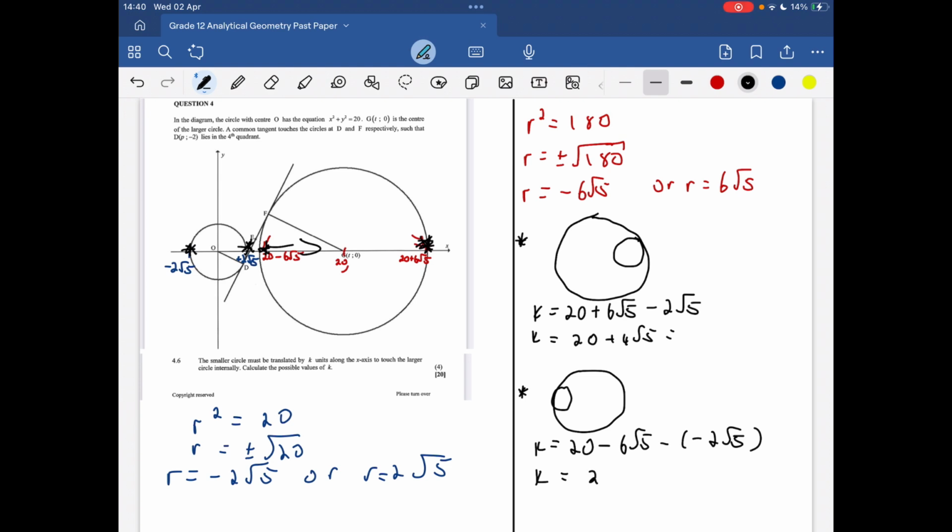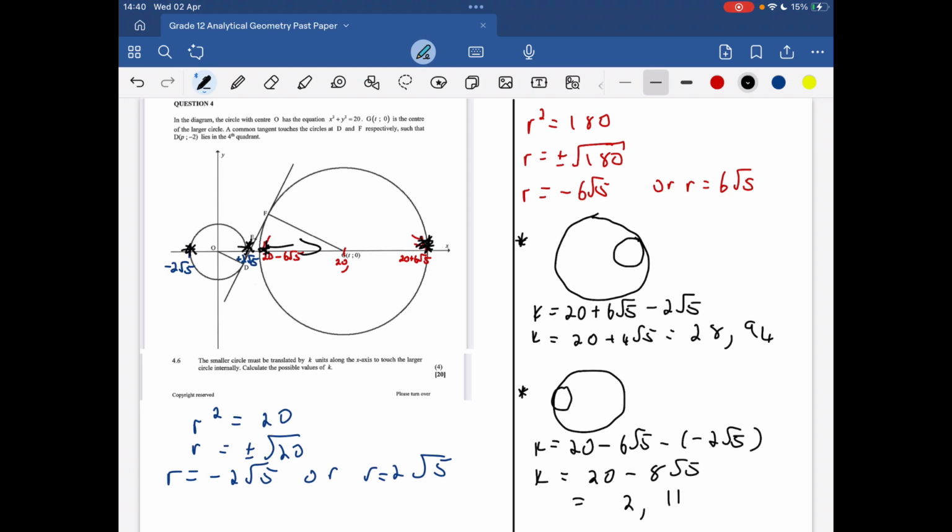So k is 20 minus 8 root 5. Let's find these as decimals. We had 20 plus 4 root 5 up there. That's about 28,94. On the other hand, we're 20 minus 8 root 5. And that was 2,11. Okay.